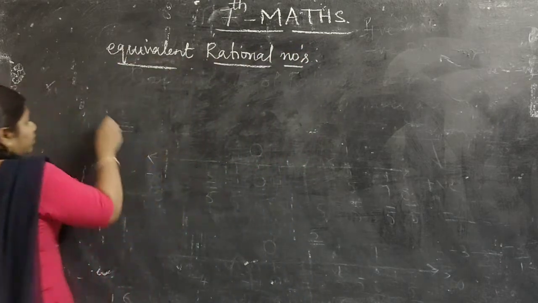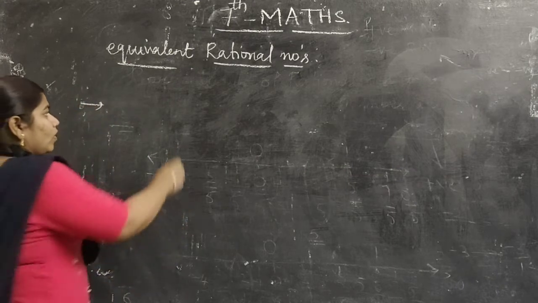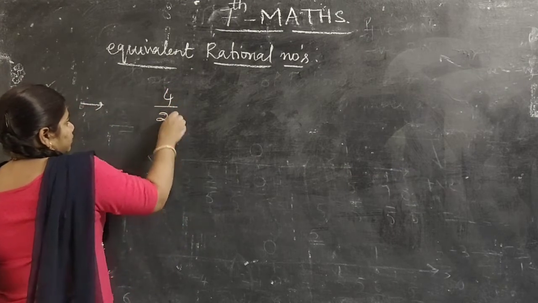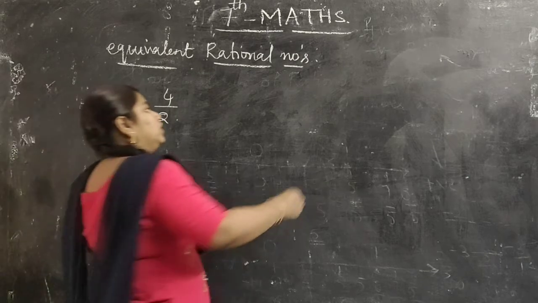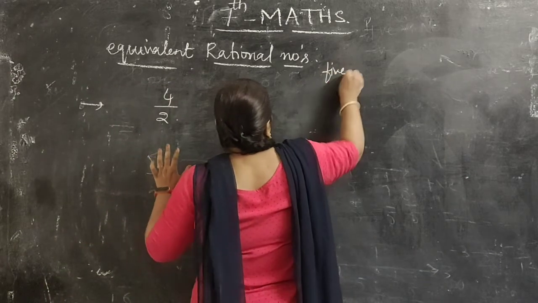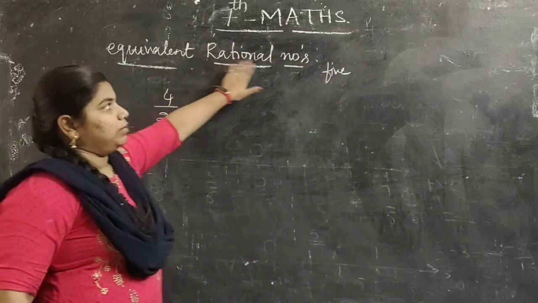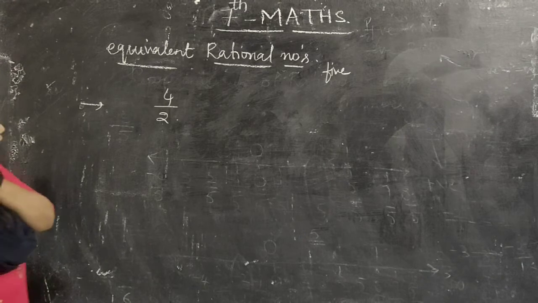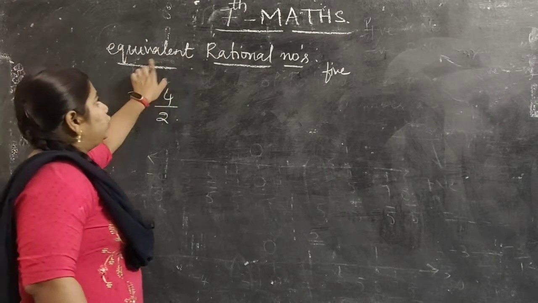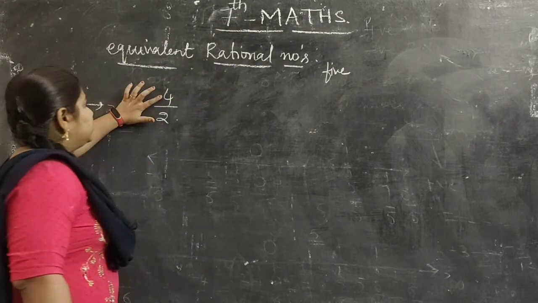Suppose I am taking one number, 4 by 2. I want to find 5 equivalent rational numbers for this 4 by 2. So what I have to find? I have to find 5 equivalent rational numbers for this 4 by 2.